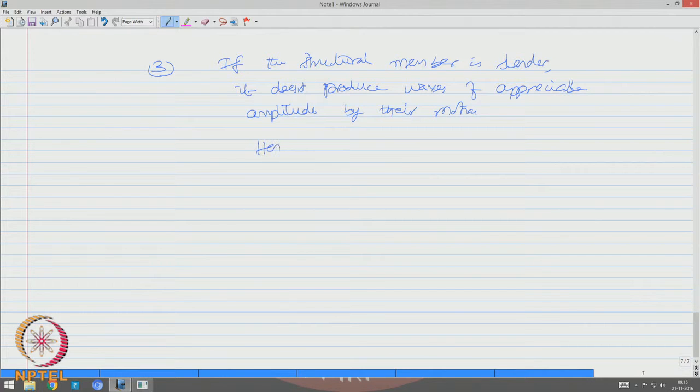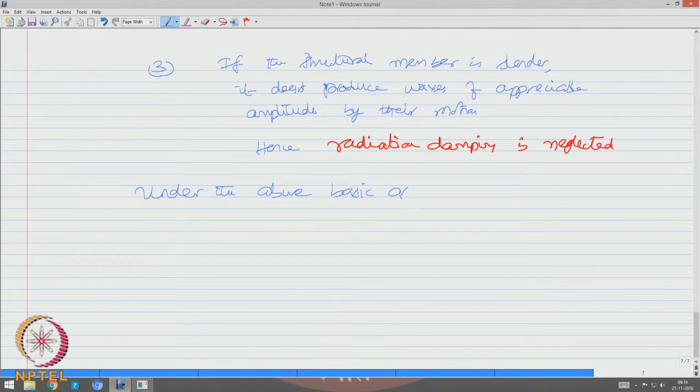Hence, effect of radiation damping is neglected. So, under the above basic assumptions, let us try to generate the earthquake forces.